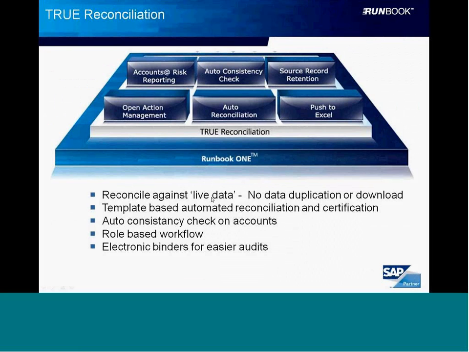So because we are integrated, let's say the shared service center needs to do a reconciliation, maybe controllers are submitting an accrual. That accrual is being posted into your system, and the shared service center people are being updated that there are some new line items on their accounts which they need to reconcile.